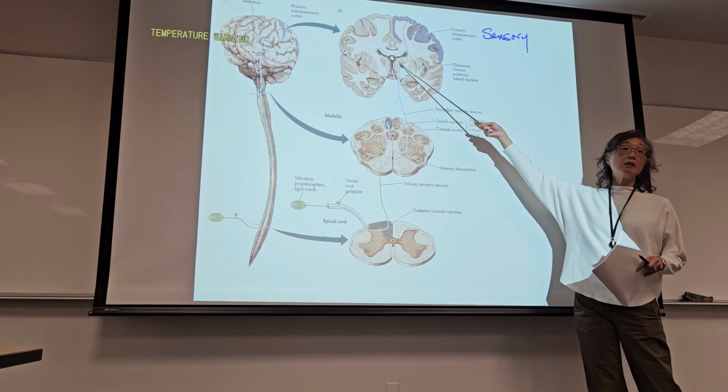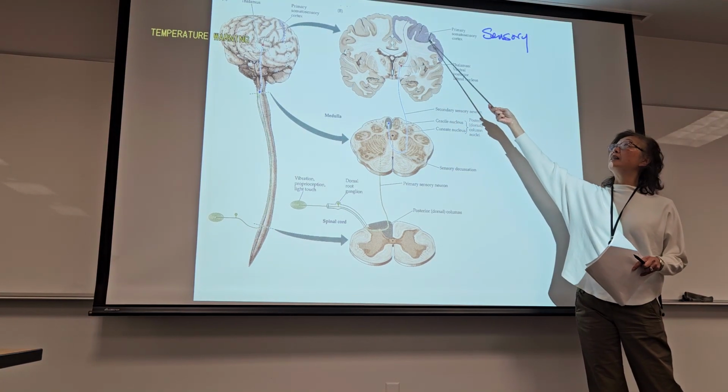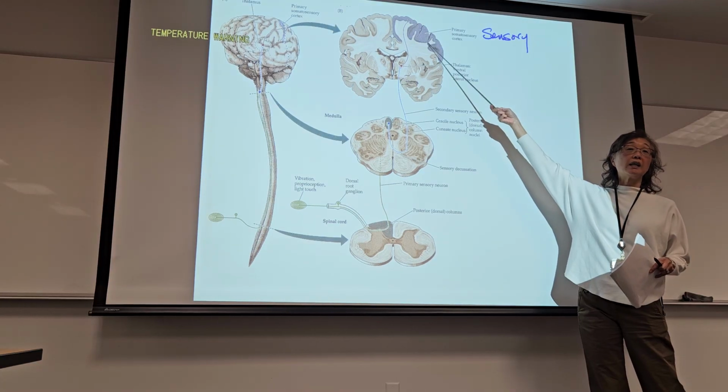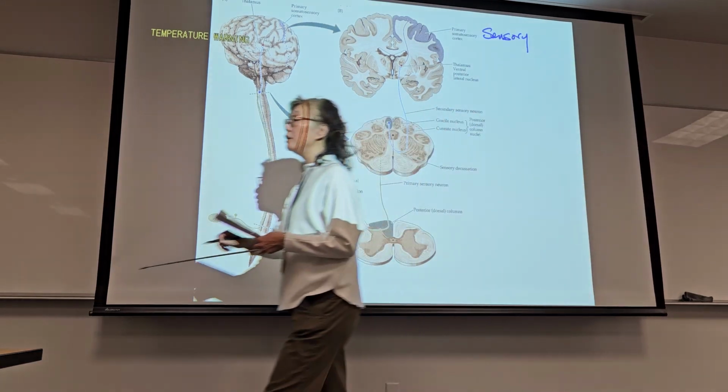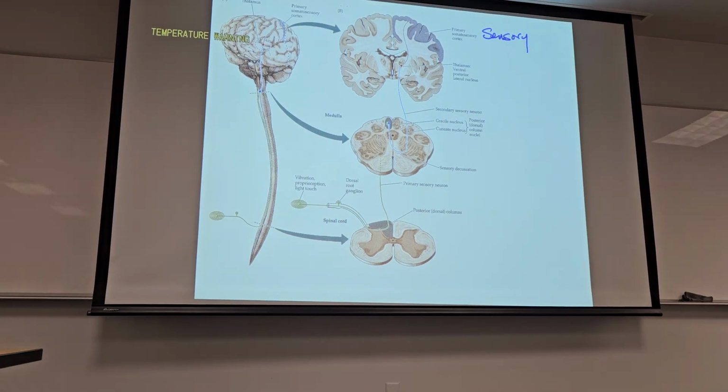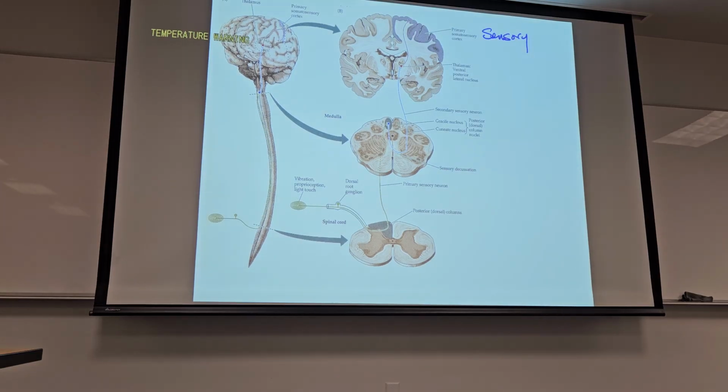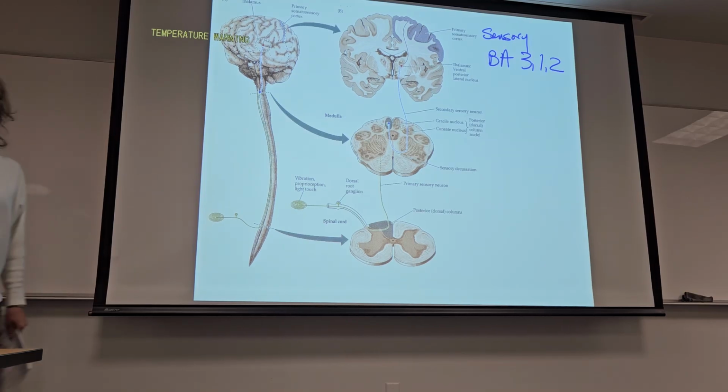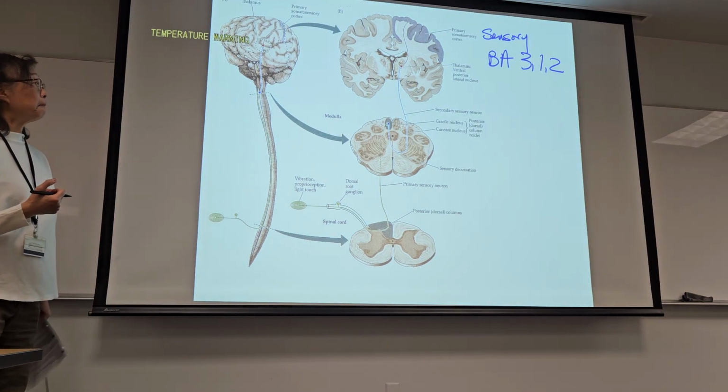The thalamus is the first place it stops off, and then it goes to the somatosensory cortex. This is Brodmann's area. You must learn Brodmann's areas 3, 1, 2, okay? These are part of the few Brodmann's areas you're going to have to pick up.